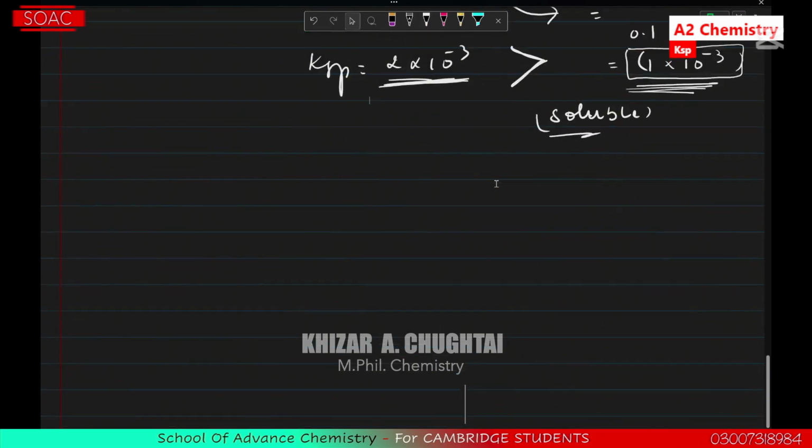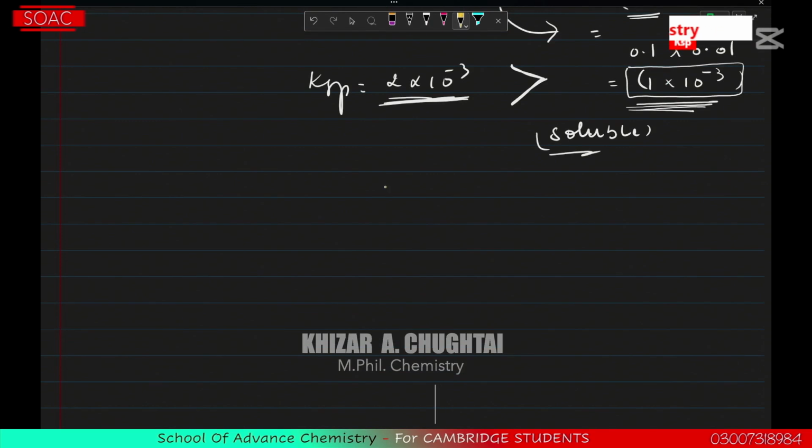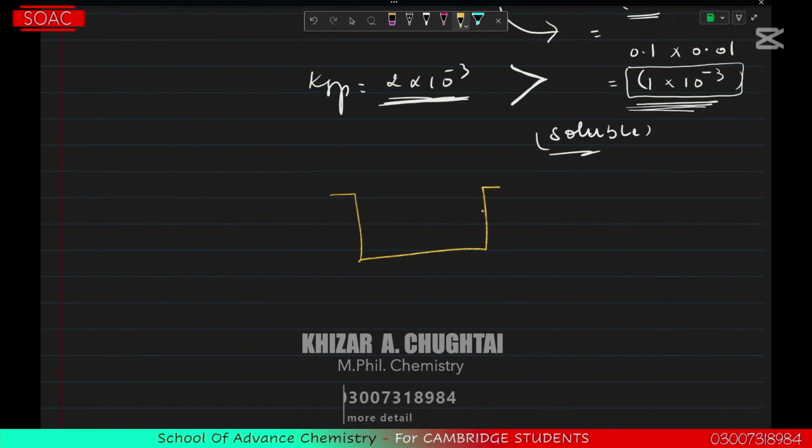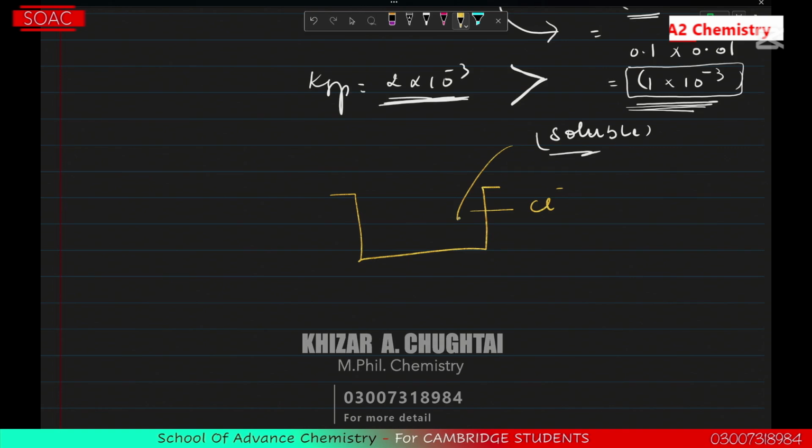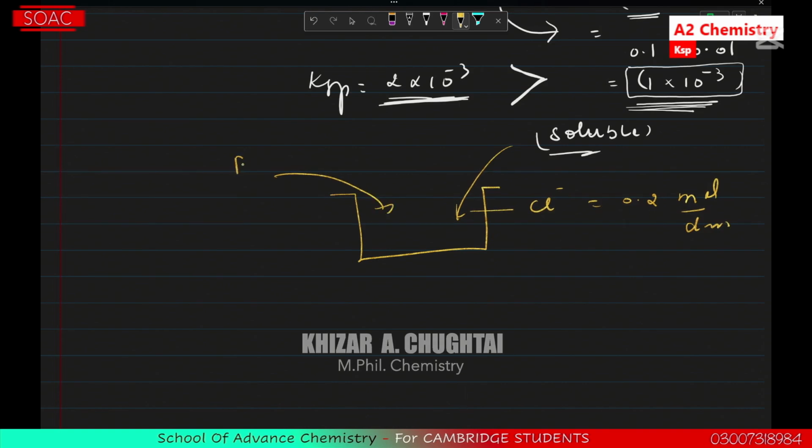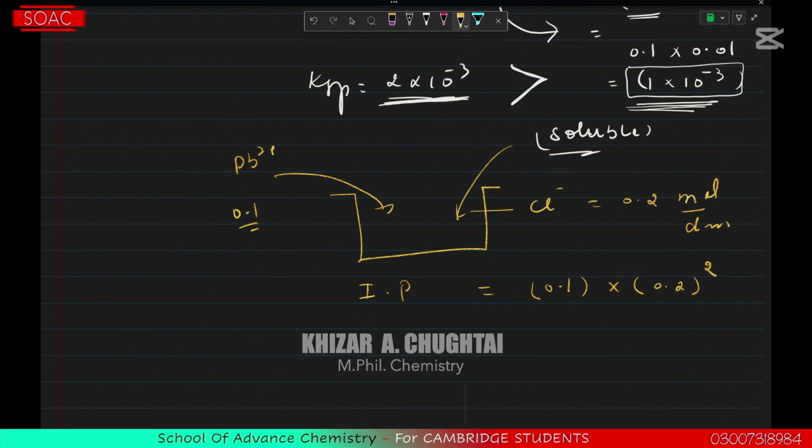Similarly, I'm making another mixture in which the Cl negative ion from NaCl is equal to 0.2 mole per dm cube, and the concentration of Pb2 positive ion is 0.1 mole per dm cube. I'm going to find the ionic product: 0.1 multiplied by the Cl negative ion 0.2 raised to power 2.